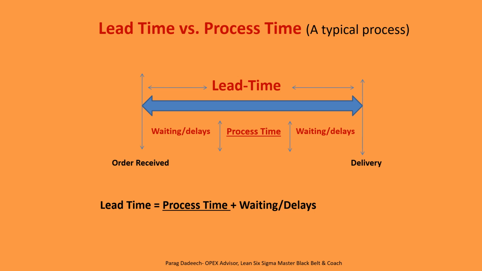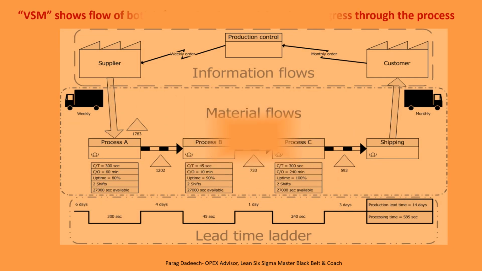We should always try to reduce or eliminate the waiting or the delay time, as it adds no value and consumes our valuable resources. A value stream map shows the flow of both information and material as they progress through the process. If you carefully observe here, there are three areas. The top is the information flow, the middle part is the material flow, and the bottom part is the lead time ladder.